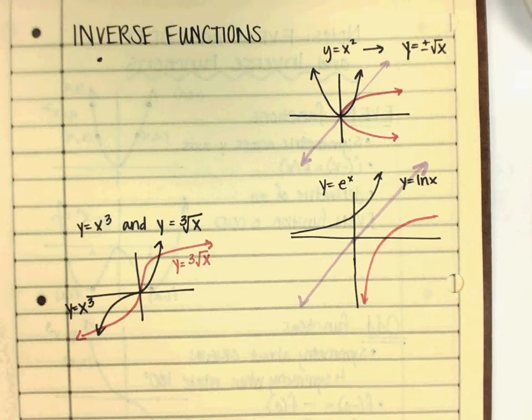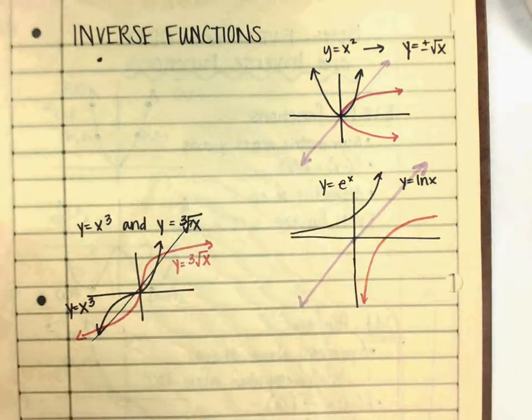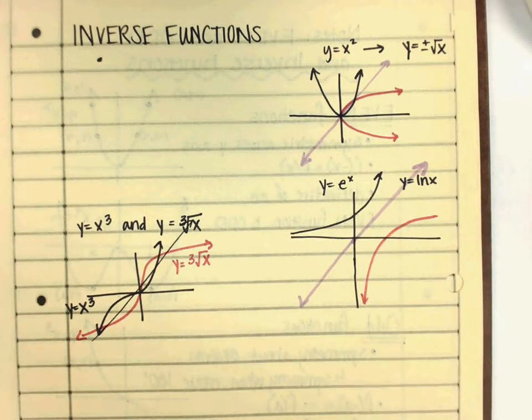Actually, we need to write our first bullet point. The graph of f and f inverse will always be reflected across the diagonal line y equals x. If I were to draw that in here, my graph kind of sucks, but you would see a perfect symmetry around that if it was drawn well.